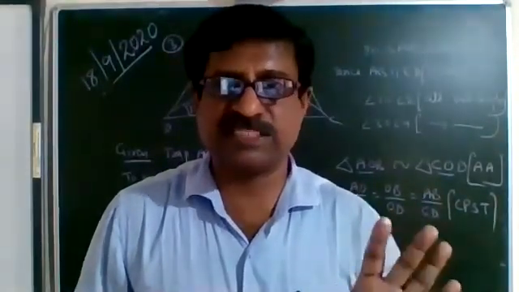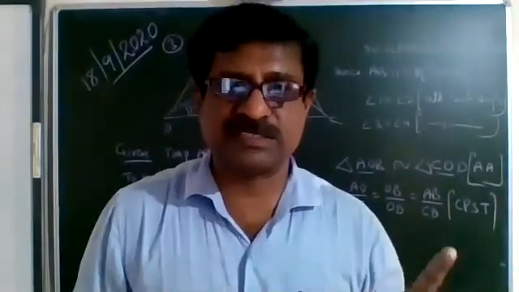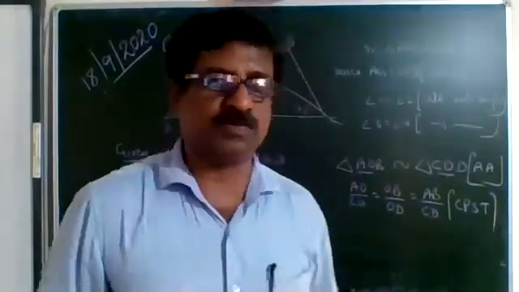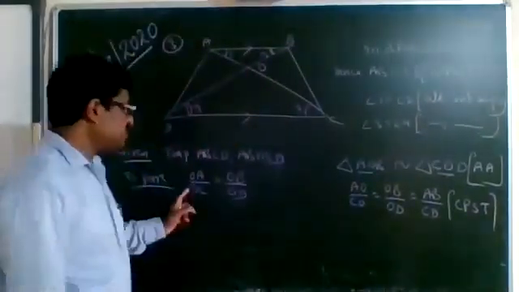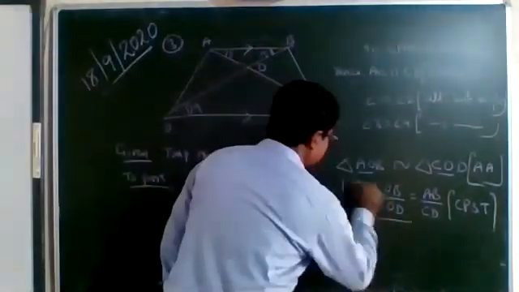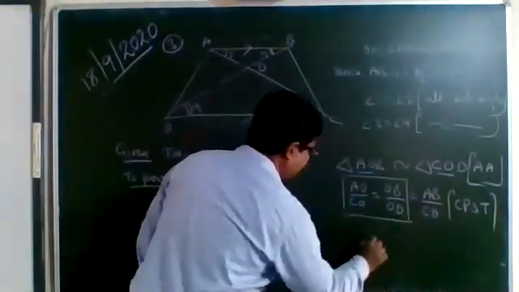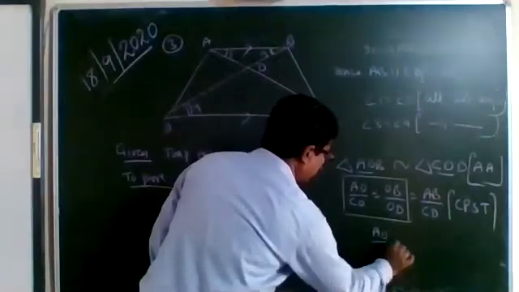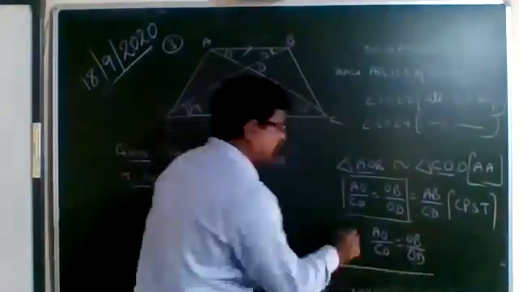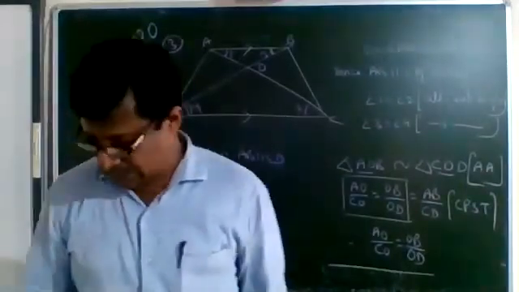The triangle has 6 parts, out of which 3 are sides and 3 are angles. Angles are equal and sides are in proportion. Our aim is to show OA upon OC equal to OB upon OD. The other part is not required, and that was our aim. So this is proved.